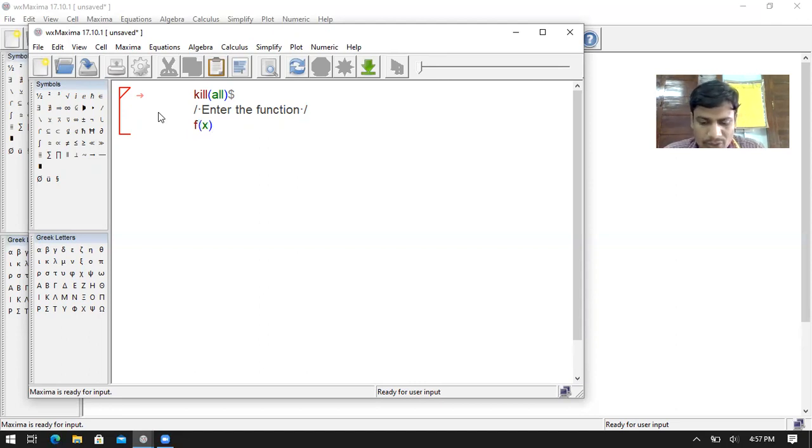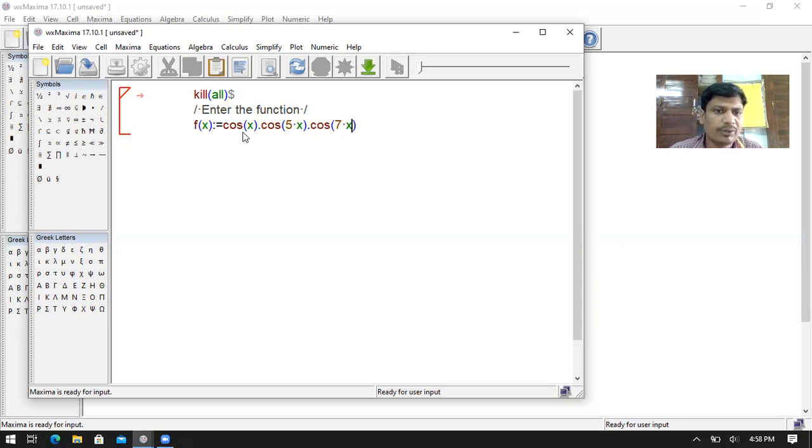F of x colon equal to cos of bracket x, then into cos 5x, that is cos of 5 star x, then into cos 7x, that is cos of 7 star x.